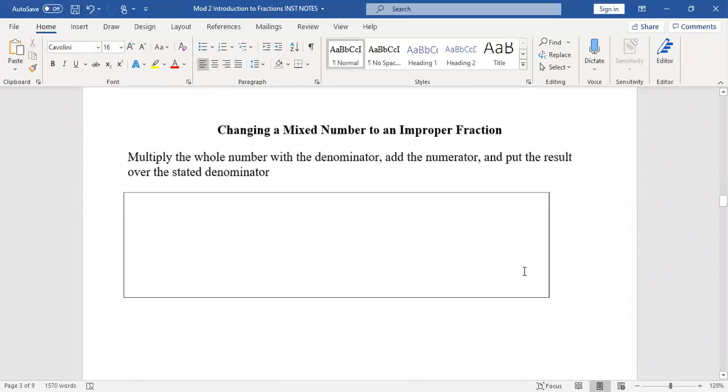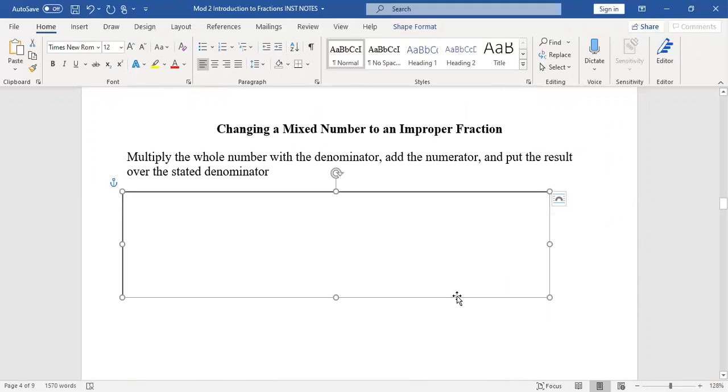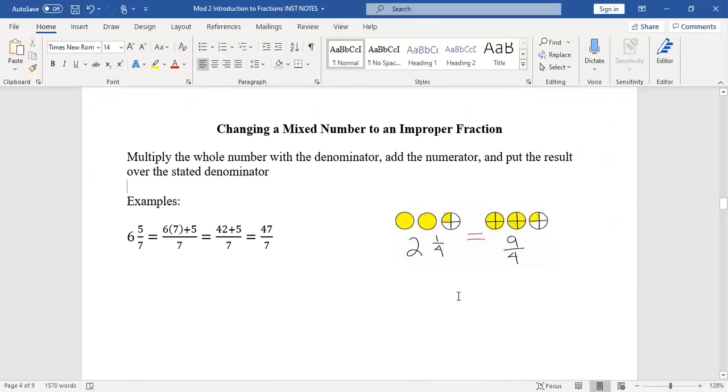Now I can change a mixed number back into an improper fraction simply by multiplying the whole number by the denominator, adding the numerator, and putting the result over the stated denominator. So here's an example.